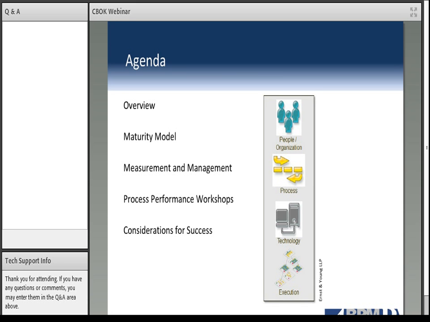So the topics I plan to cover in the next hour or so: first, spending time on the maturity model, because from my experience engaging clients and understanding how they can improve the way they operate or their capabilities around BPM, it's important to have a tool like a maturity model to understand where to start and how you progress.